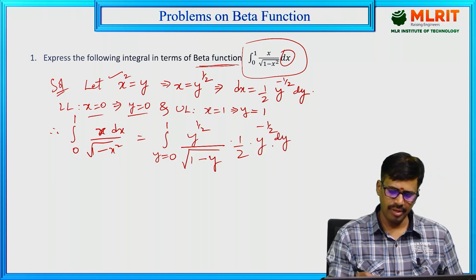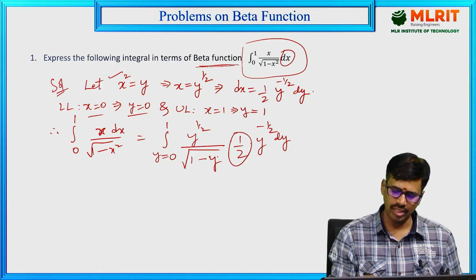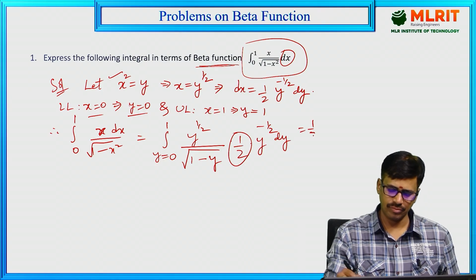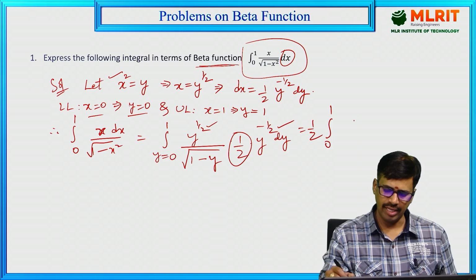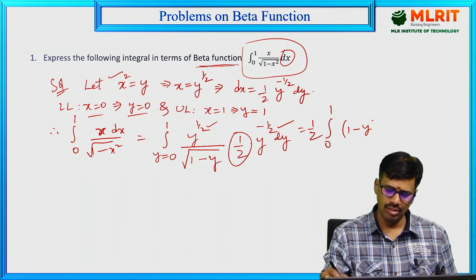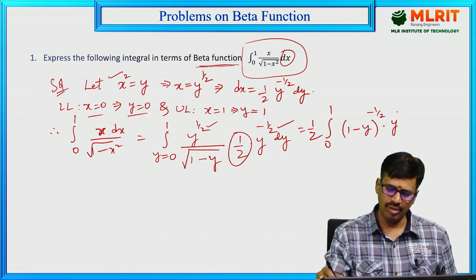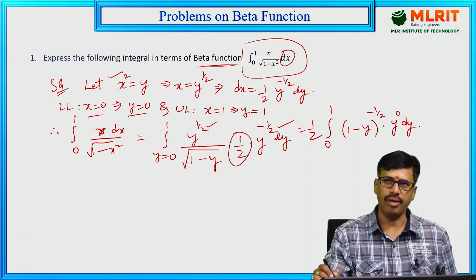So this can be written as 1 by 2, let us write it outside, integral 0 to 1. Here y power 1 by 2 is there, y power minus 1 by 2 is there, both cancel. So 1 minus y whole power 1 by 2 minus 1, that is minus 1 by 2. I can write it as y power 0 dy.